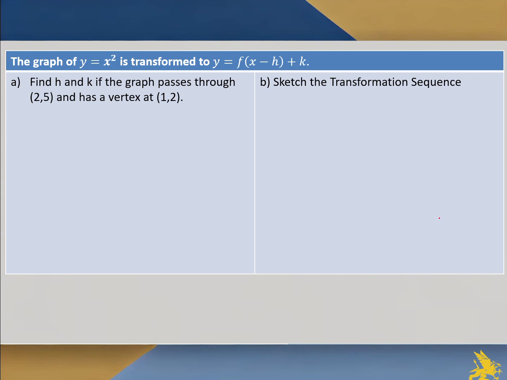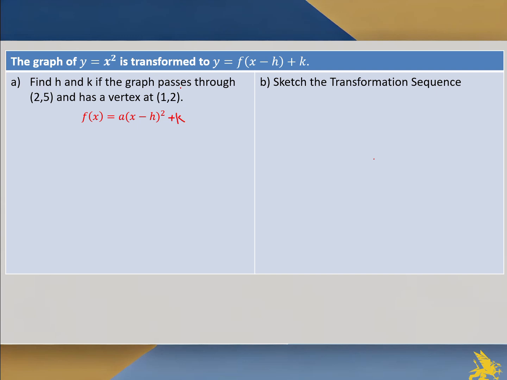So the first thing is I'm going to write down my basic equation, because I know we're talking about vertex and we're talking about a quadratic. So I've got a in brackets x minus h squared. The second part is I'm going to substitute my values. I forgot to put in my k here.